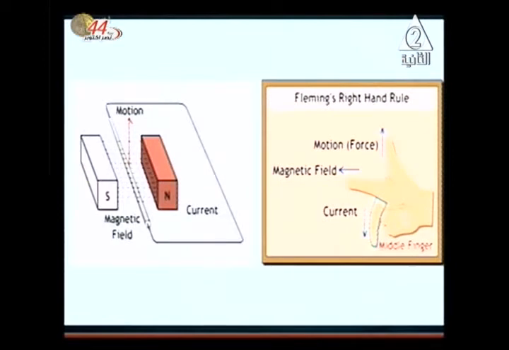What happens? The second finger points in the direction of the induced current. The second finger determines the direction of the induced current.